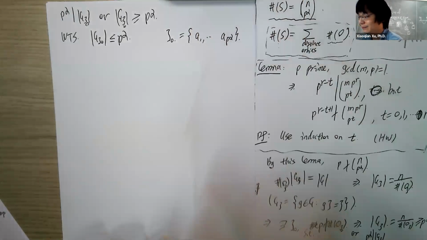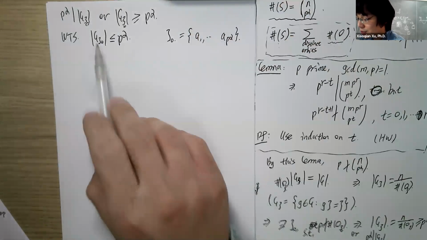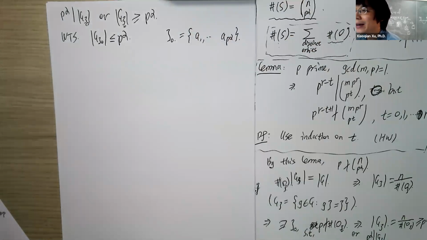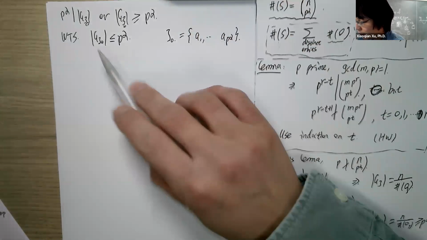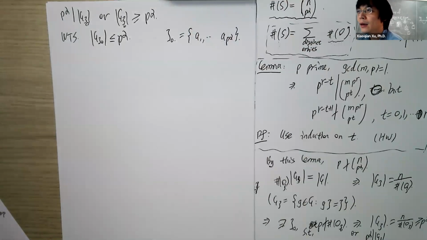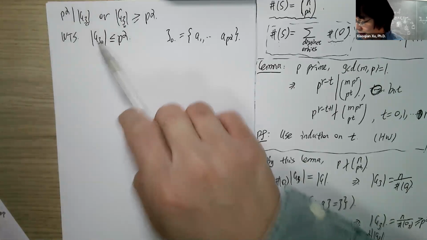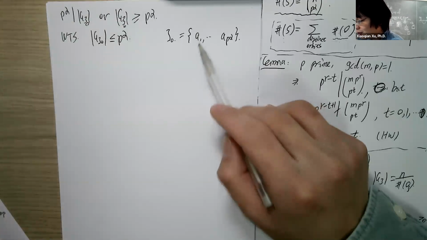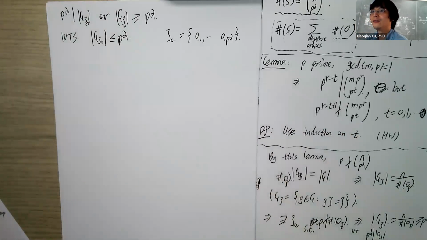We know that this GC0 is actually a stabilizer of C0. So let's take this stabilizer and see how GC0 acts on, for instance, one element of this C0.